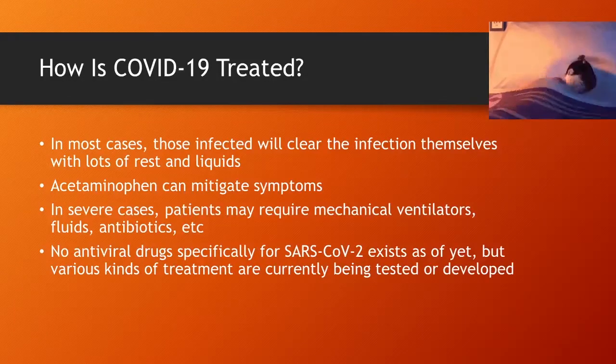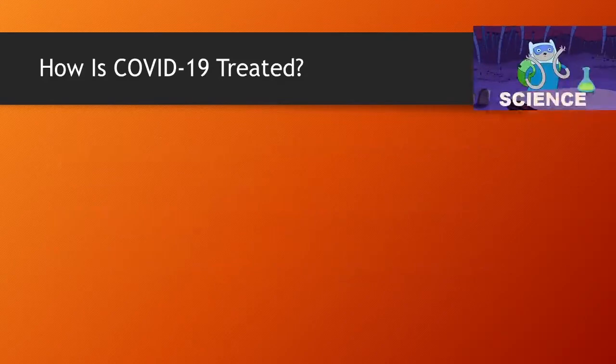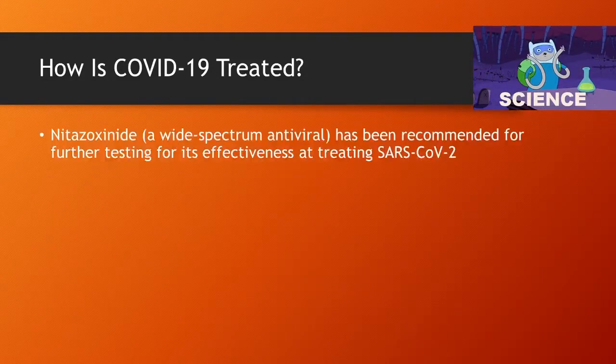So any of the virulence factors that I mentioned, drugs that can deactivate those virulence factors of SARS-CoV-2 would be great. Any medication that will bind to the spike protein and prevent it from entering your cells would obviously be great. But here's some data about some treatment that they're considering right now.